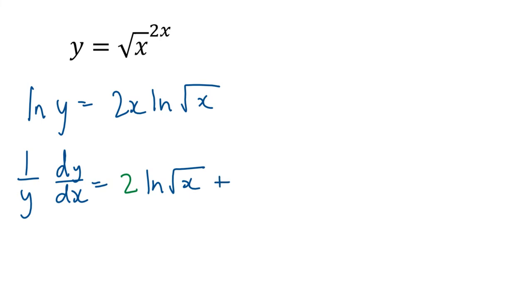Plus derivative of the second thing. So 1 over root x times the derivative of root x, which is 1 over 2, times x to the negative 1/2, times the first thing, which is 2x. So the 2 from the 2x and the 2 from the half are going to simplify.